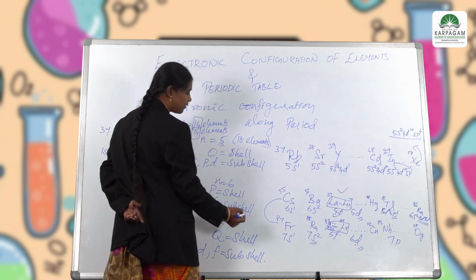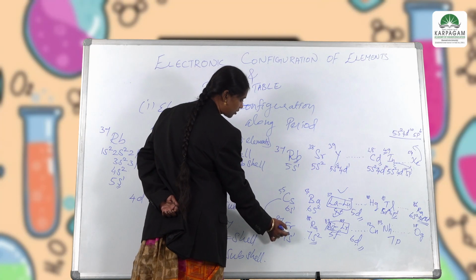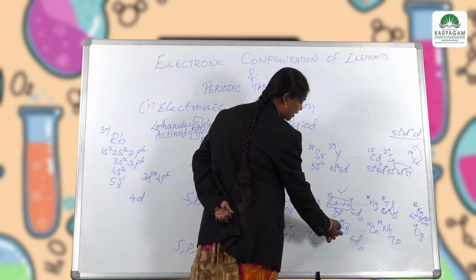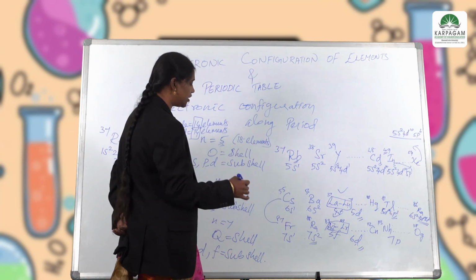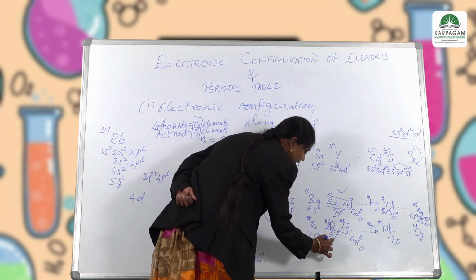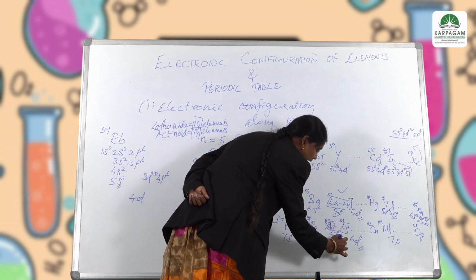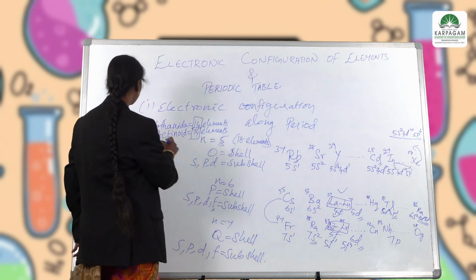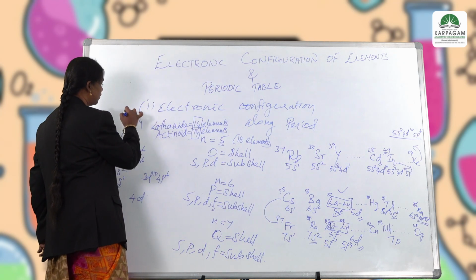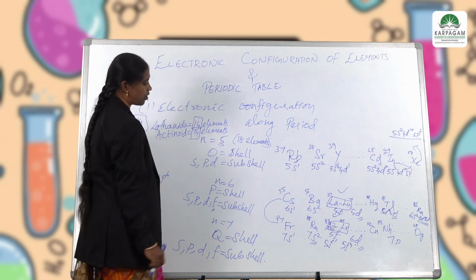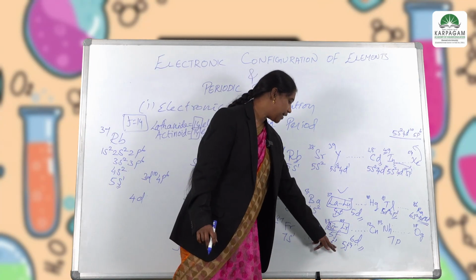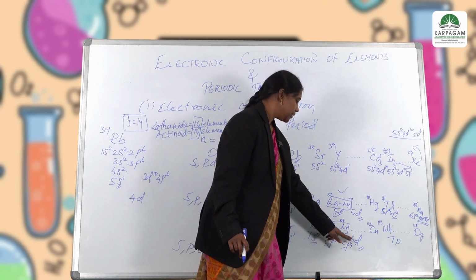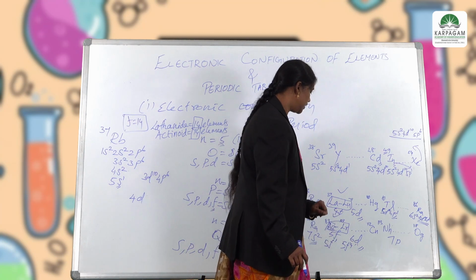Here in the 7th period the francium's electronic configuration is 7s1, and in the actinide series the electronic configuration for actinium is 5f1, for lawrencium it is 5f14, because the f orbital's maximum electron filling is 14. So the last element has a complete filling of the f orbital, then only it goes to the 6d series.